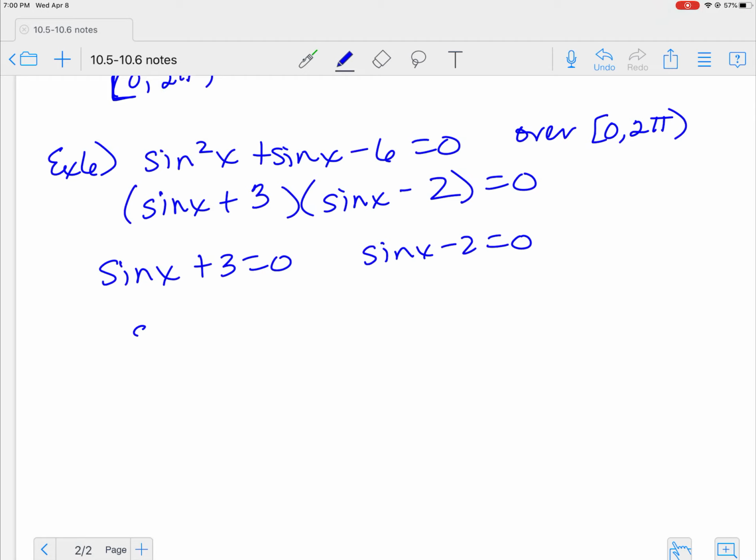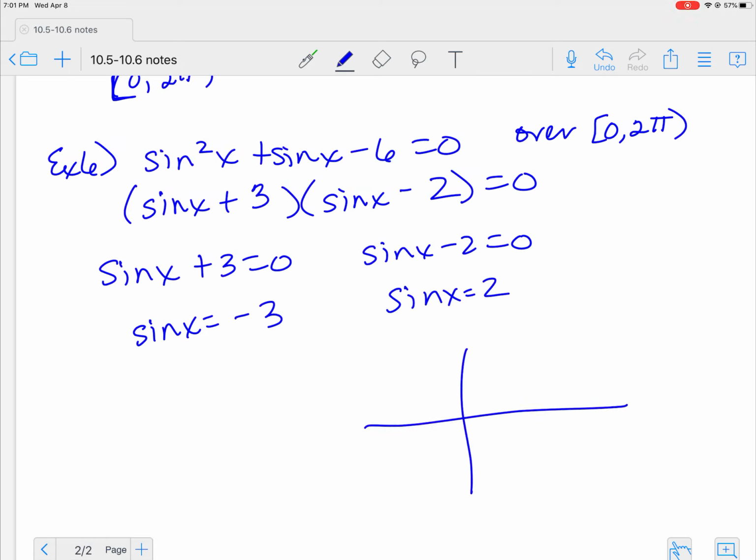Sine of x. Oh, I forgot to put my interval. This is over my 0 to 2 pi situation. Okay, sorry. Sine of x plus 3 is equal to 0, and sine of x minus 2 equals 0. So sine is equal to negative 3, and sine is equal to positive 2.